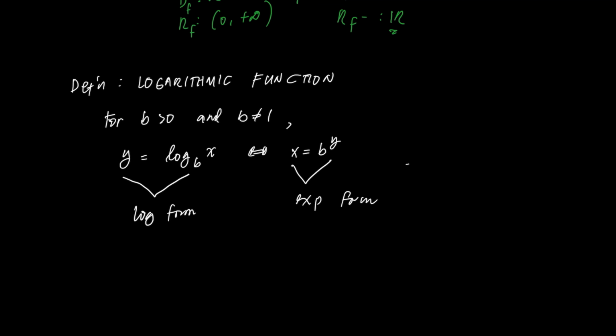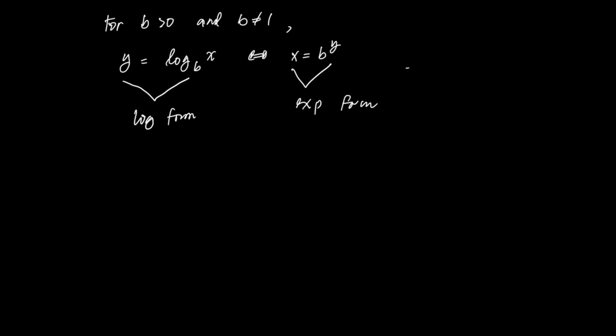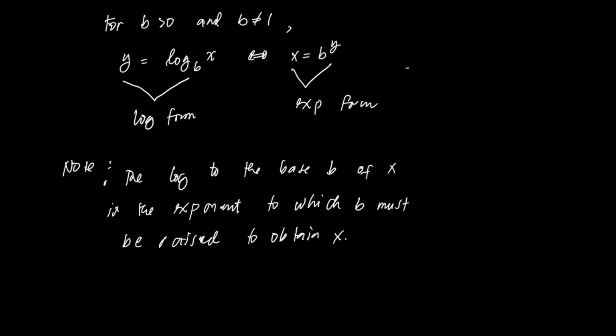You can go from the exponential form to the logarithmic form in solving equations, or from logarithmic form to exponential form, whichever is easier to do. Note that log to the base b of x is the exponent to which b must be raised to obtain x.